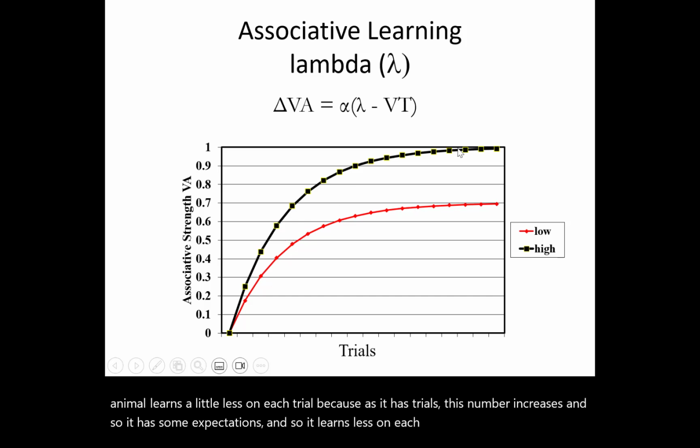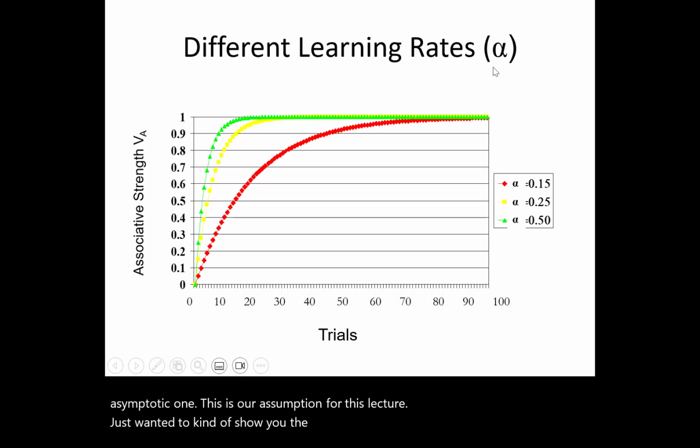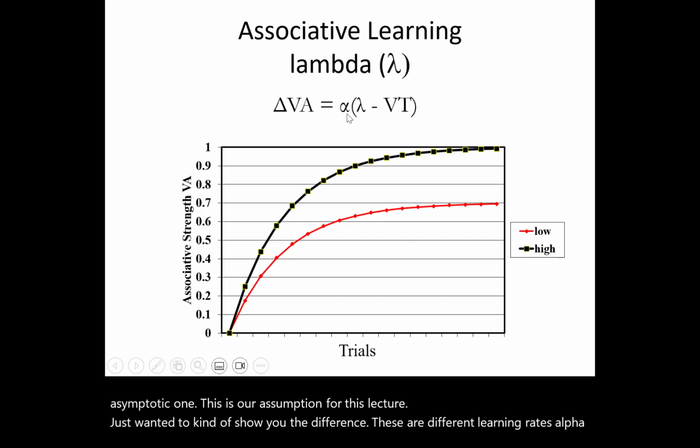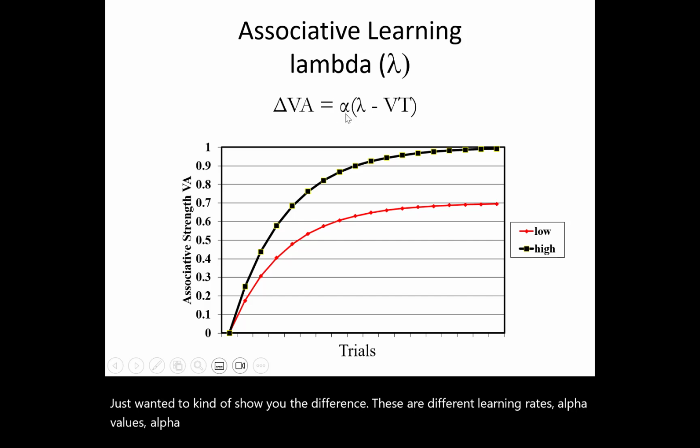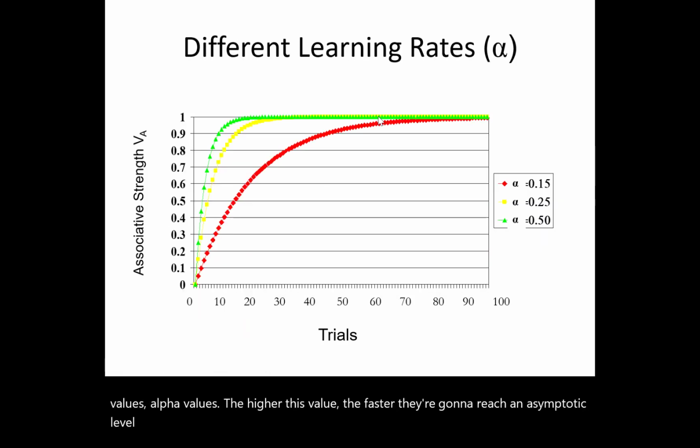This is a lambda of 1, an asymptote of 1. This is our assumption for this lecture. I just wanted to show you the difference. These are different learning rates, alpha values. The higher this value, the faster they're going to reach an asymptotic level. Now, we can assume that this is not 1, which would mean they learn everything on one single trial.